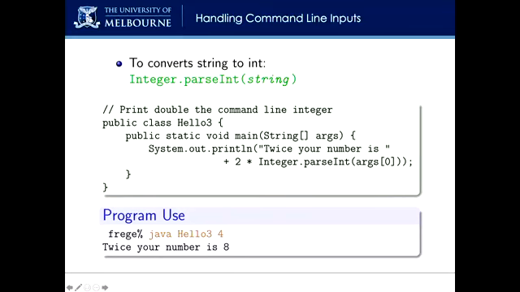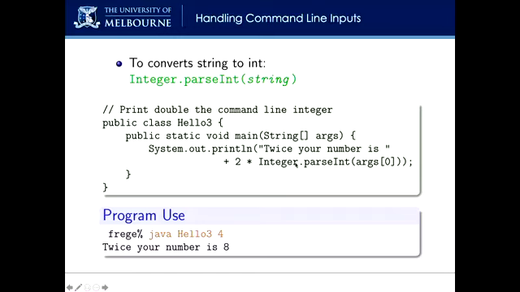Okay, so again, if you wanted to take in a number from the command line, the way to do that would be to use, so every primitive type, int, float, double, they have an equivalent object within Java. And so the integer has an equivalent class called Integer.